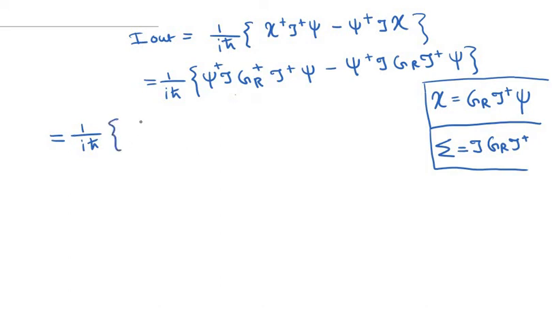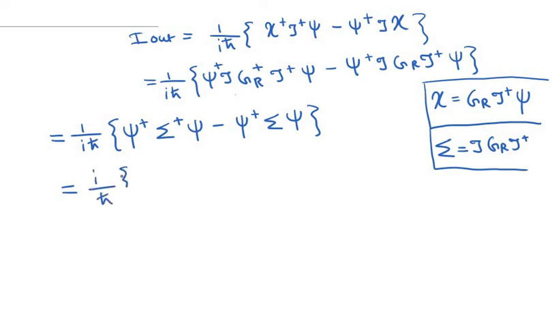So psi dagger sigma dagger psi minus psi dagger sigma psi. So this is again i by h bar psi dagger (sigma minus sigma dagger) psi.